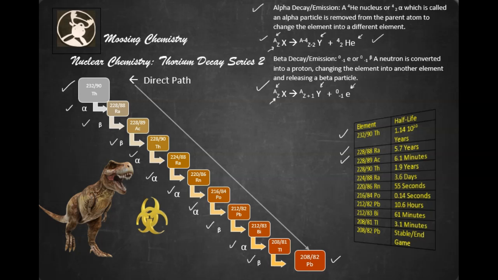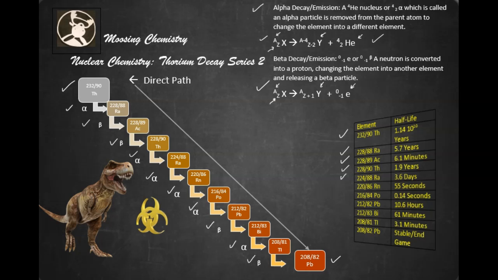Thorium-228 has a half-life of 1.9 years. Radium-224 has a half-life of 3.6 days. Notice that's quite a bit of difference from Radium-228's half-life, which is 5.7 years.